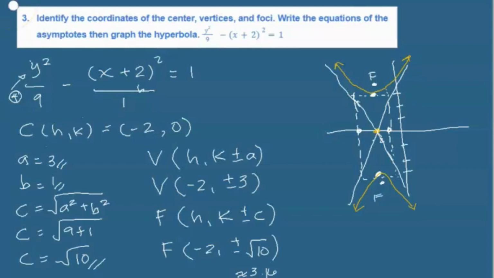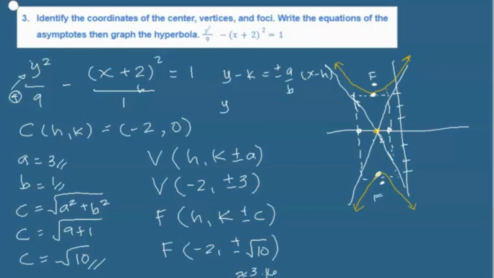For the equation of our asymptotes, we'll follow y minus k is equal to plus or minus a over b times (x minus h).